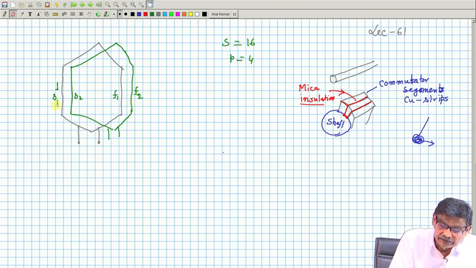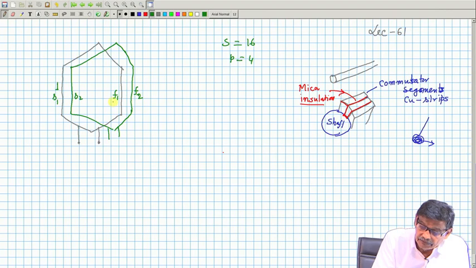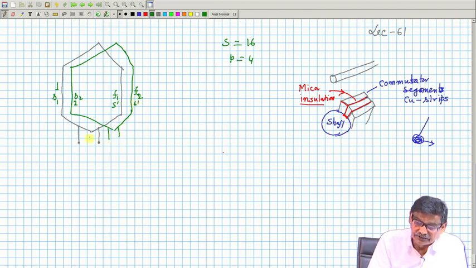So, it will be 1, 5 dashed, and this is 2, 6 dashed. These coils are to be connected in series, that is S1 F1, then I will start with this join S2 F2, and this process will continue. It gives you a lap winding. Now, below this I will try to show the commutator segment.